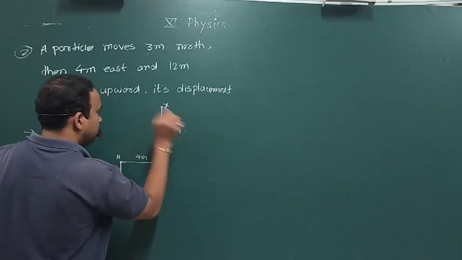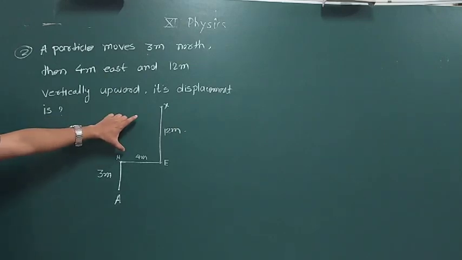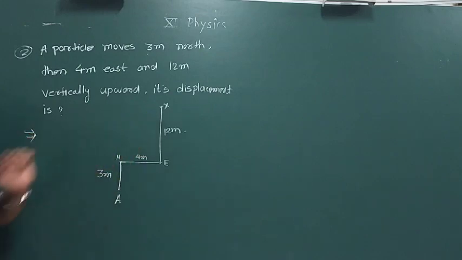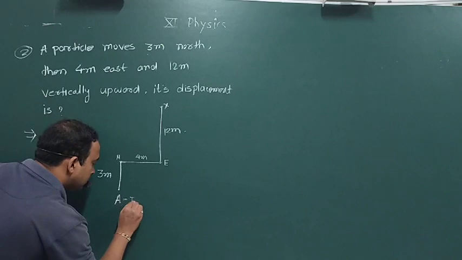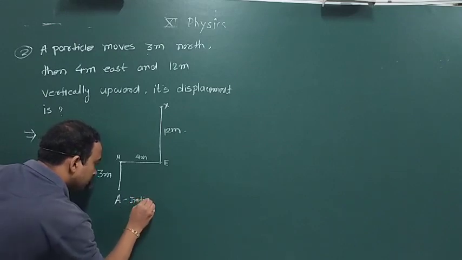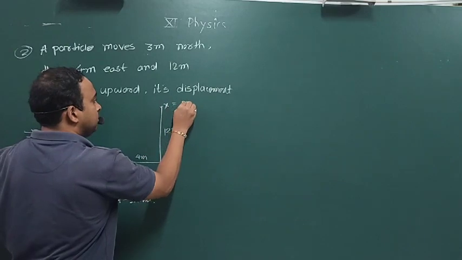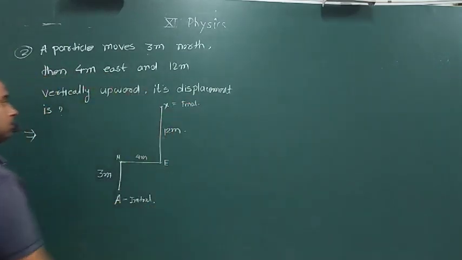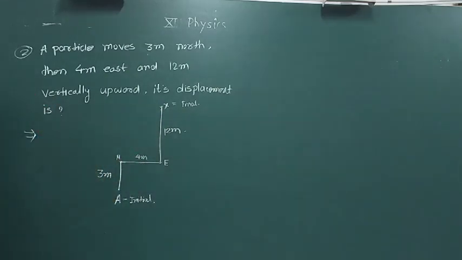So 12 meter upward. Now to find the displacement. Point A is the initial point and x is the final point.